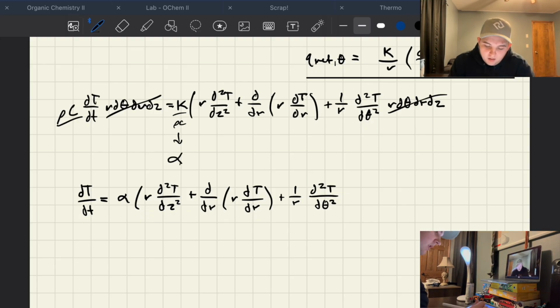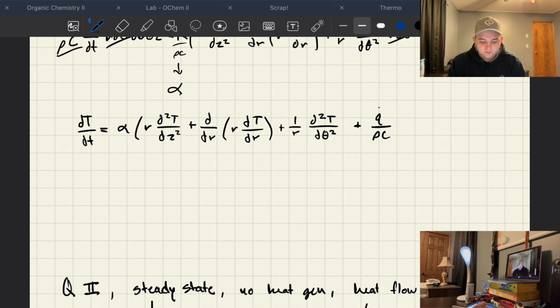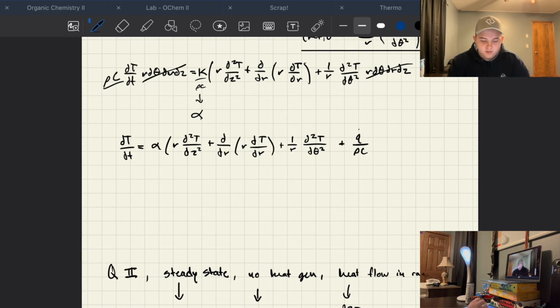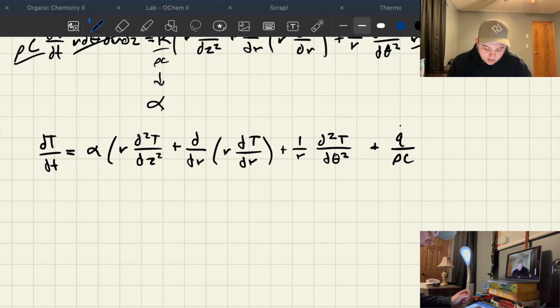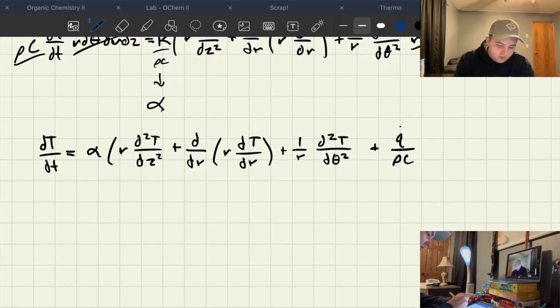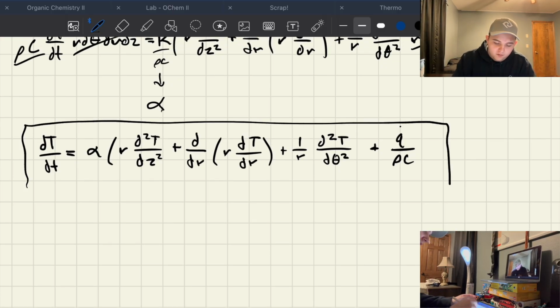So that would be our final, and then we just have to remember to add our heat generation, Q dot. Since we divided by rho C over here, we have to carry that simplification over on here too and add our Q dot divided by rho C. That's just for part 2, just disregard that for now. But that would be our final answer for part A.